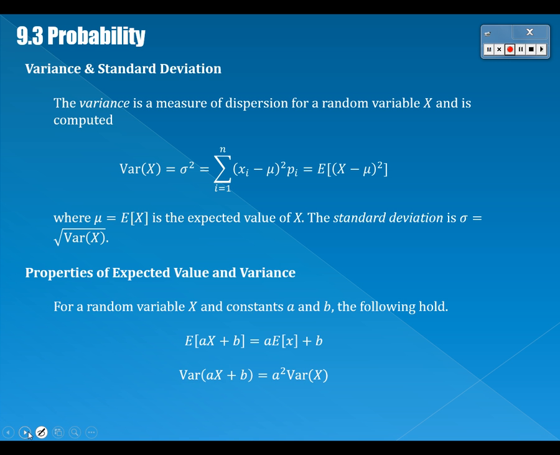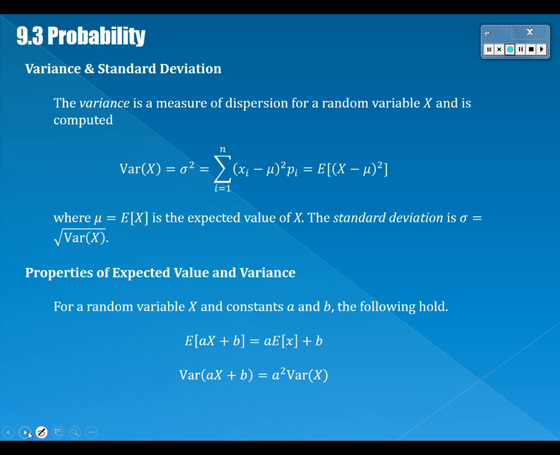This idea of variance and standard deviation. The variance is a measure of dispersion of a random variable, and I'm afraid we're not going to say too much more about it in this course. We wish we could be more rigorous, but I'm just going to throw it out there. The variance is a measure of how spread out the data is, and we're almost starting to talk about stat here even a little bit.